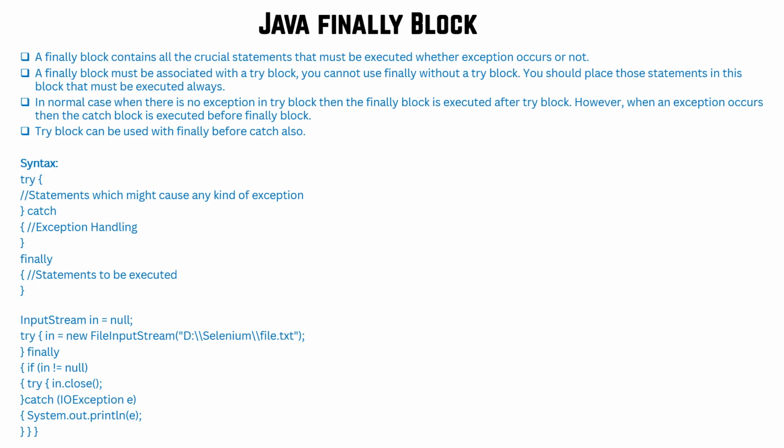If no exception is coming, the try catch block is completely ignored, but the finally block will always be executed irrespective of whether an exception comes or not. The finally block must be associated with a try block; the user cannot use finally without try. The user should place in this block those statements that must always be executed.